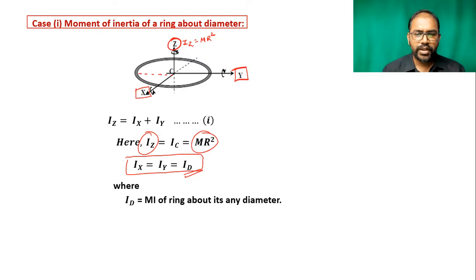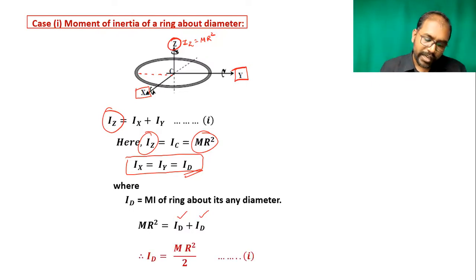So in equation 1 we can write M R square: instead of Iz, I write M R square; instead of Ix, I write moment of inertia about diameter; and instead of Iy, I write about diameter. So here we get 2 into moment of inertia about diameter.